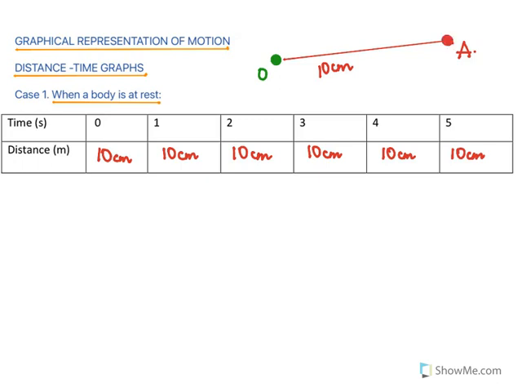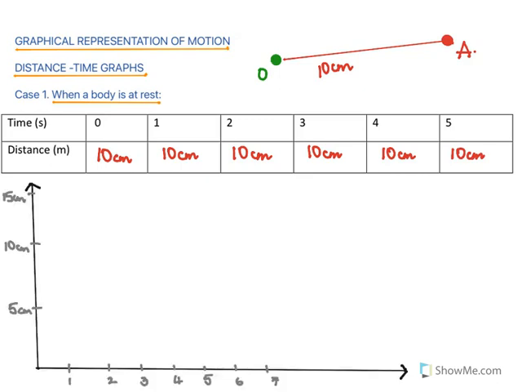Let us draw the distance time graph of such a body. So here is the distance time graph. We take the time on the x-axis and the distance on the y-axis. Now we plot the first case, time 0, distance 10, and that would be at this point.